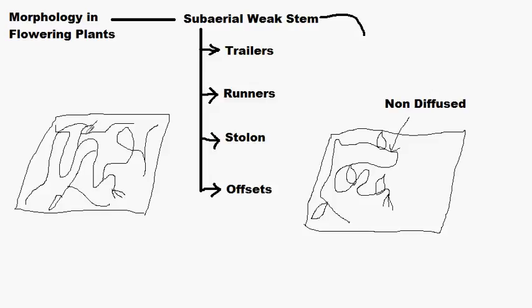So in this type of, sorry, I don't think my diagram is good, but I hope you can understand it. Okay, and this type of plants are called the diffused plants, right? Some leaves will be present.